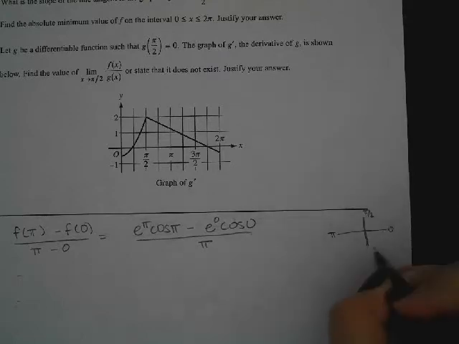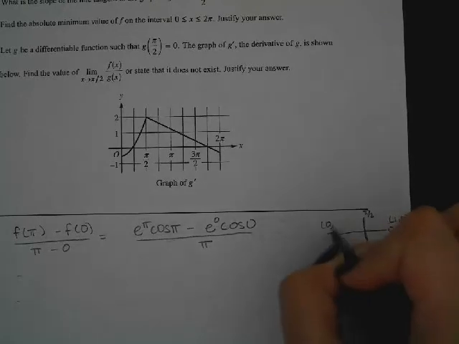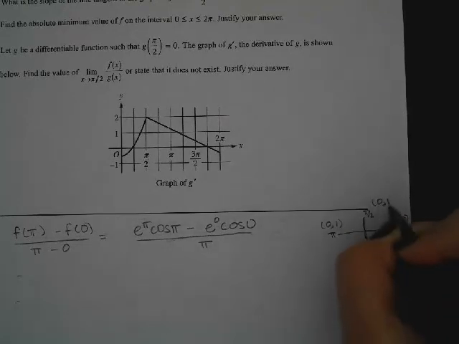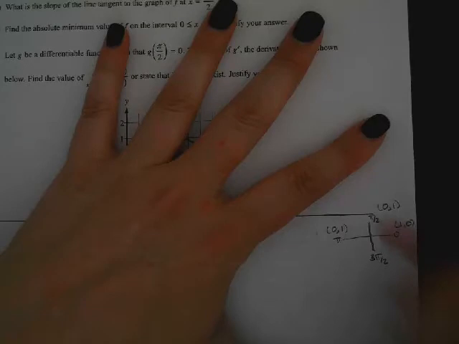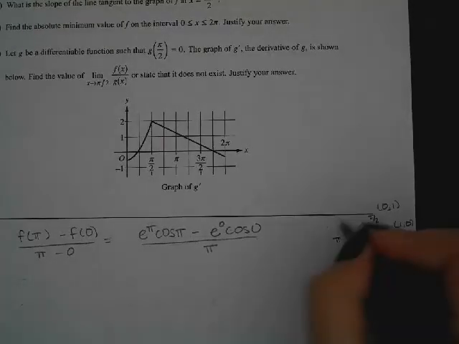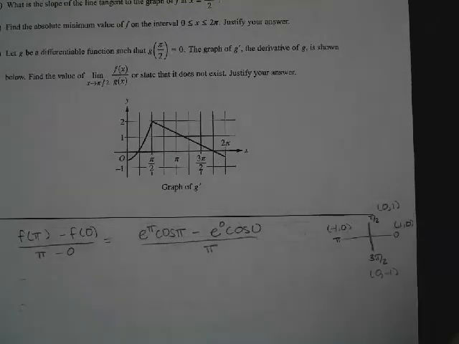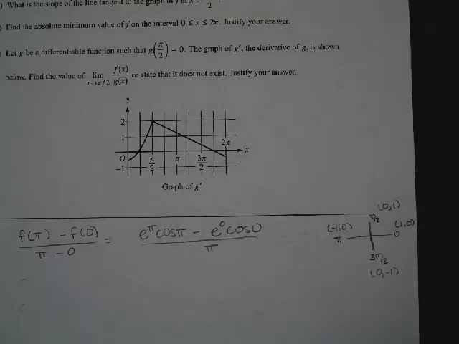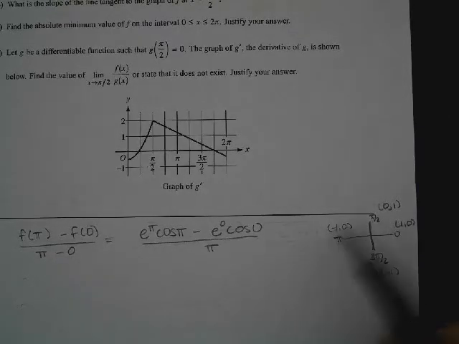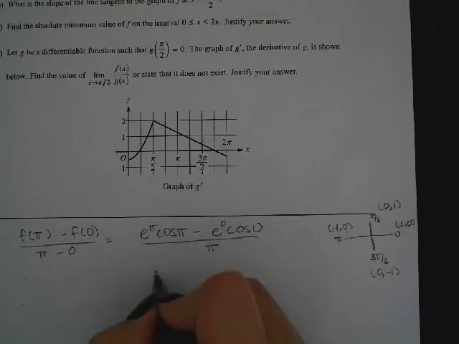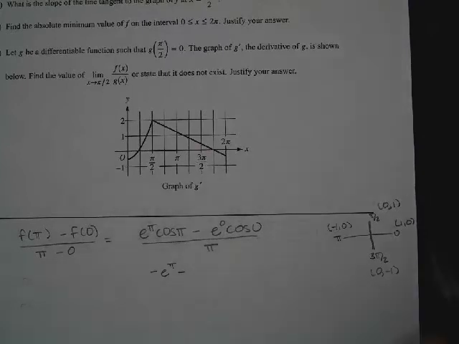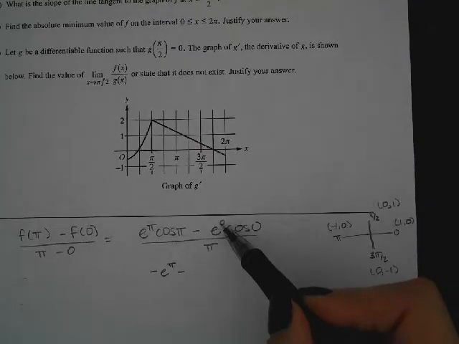Okay, here's my unit circle. So if I have cos of pi, that's -1, and so this is e to the pi times -1, which is negative e to the pi. e to the 0 is 1.